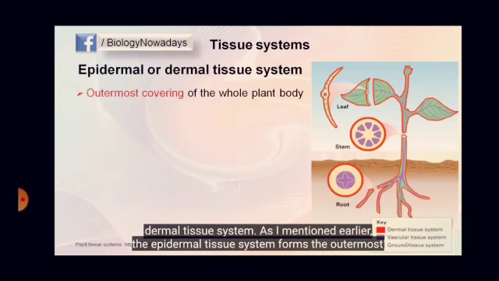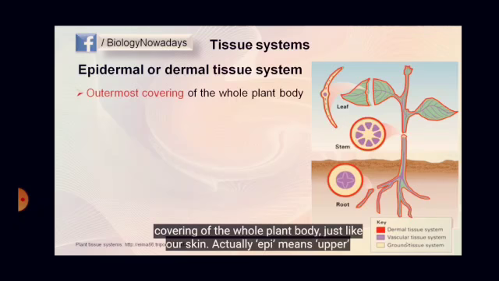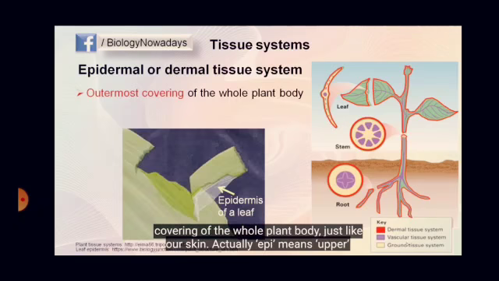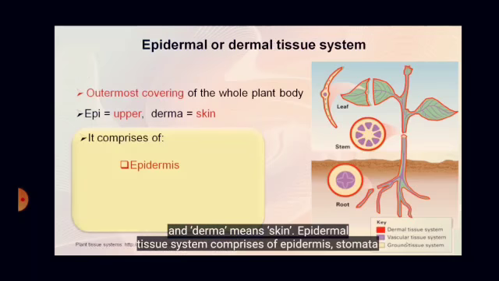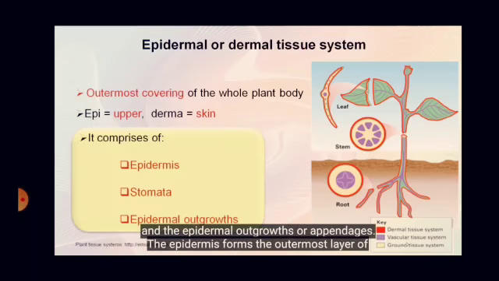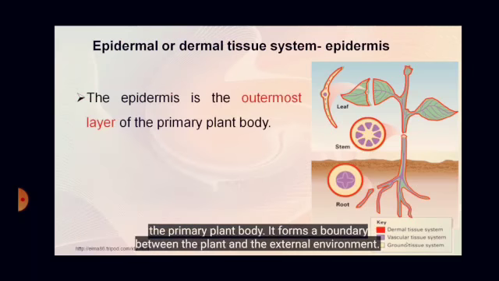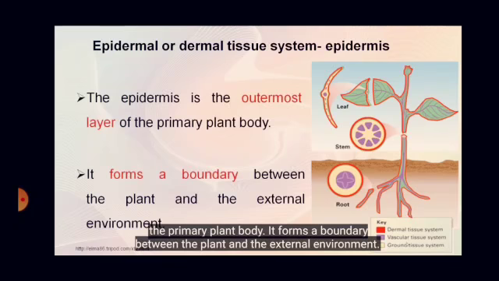As I mentioned earlier, the epidermal tissue system forms the outermost covering of the whole plant body, just like our skin. Actually, epi means upper and derma means skin. So the epidermal tissue system comprises epidermis, stomata and the epidermal outgrowths or appendages. The epidermis forms the boundary between the plant and the external environment.